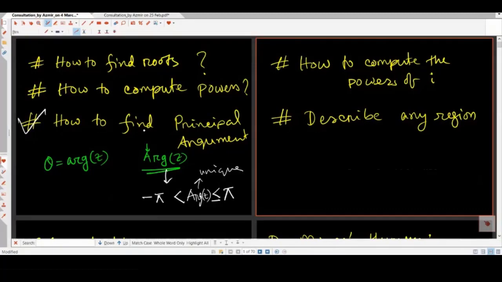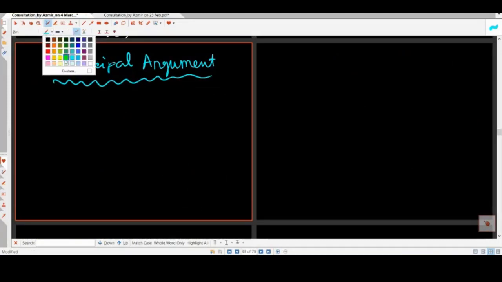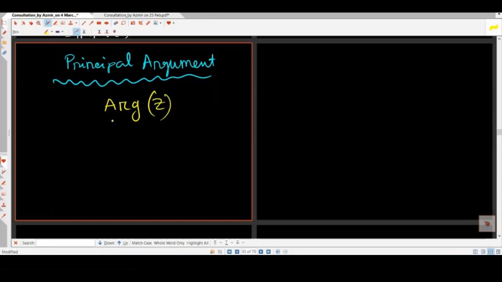So our next topic is how to find the principal argument. Remember, the principal argument is denoted by ARG, where A is a capital letter. So ARG of Z. The principal argument always lies between negative pi and pi.